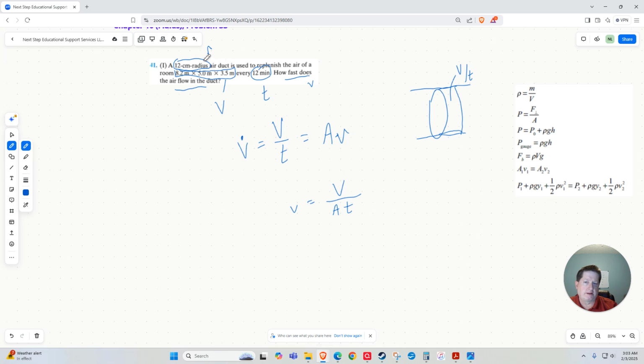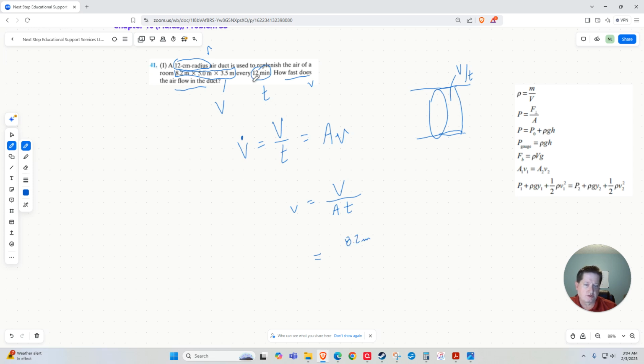Now, area itself for a circle is going to be pi r squared, so we can insert that. And because everything here is in meters, and that's in centimeters, and we're looking for a velocity, I'm going to convert everything to meters and seconds as we go. That way we don't have to do the unit conversions later. So the volume is going to be the 3 linear dimensions for our room, the air that we're replacing.